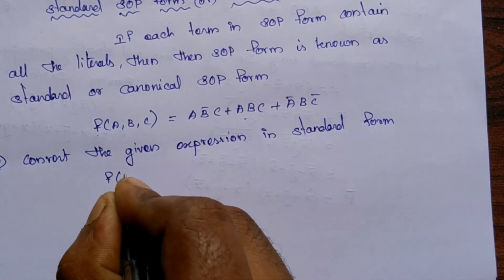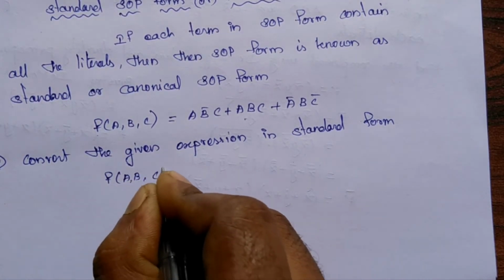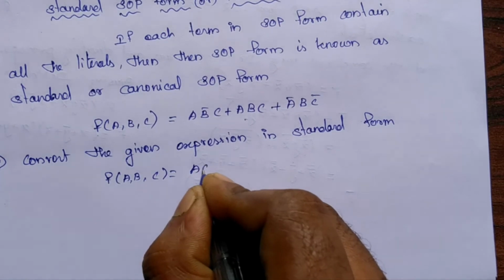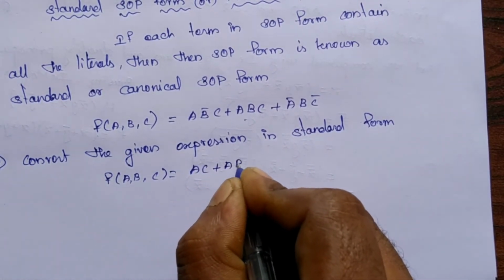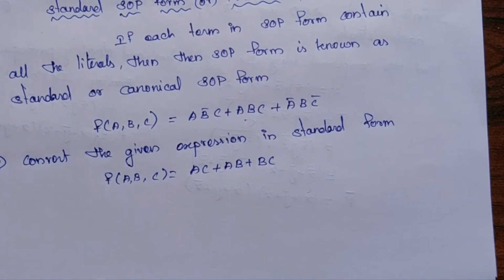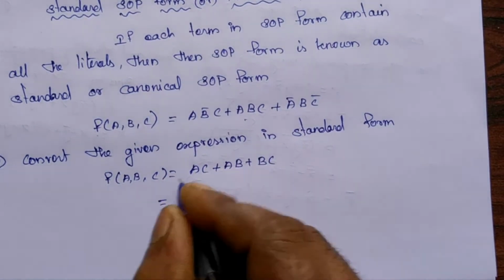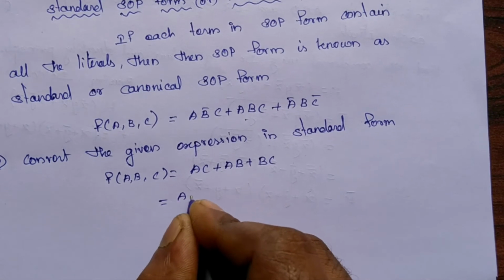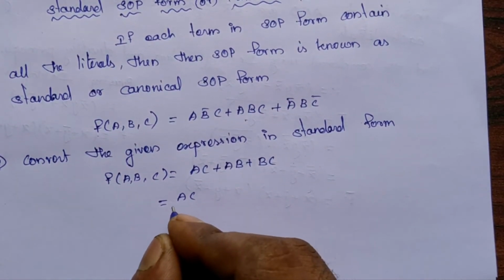So f of a, b, c is equal to ac plus ab plus bc. Okay, so here in the first term ac, the term missing is b.